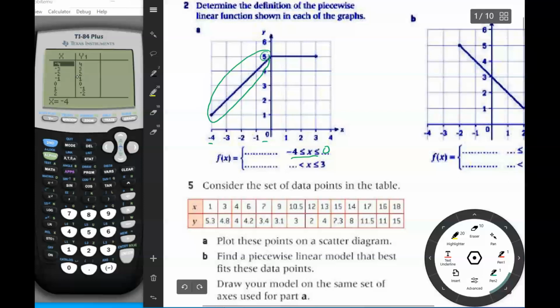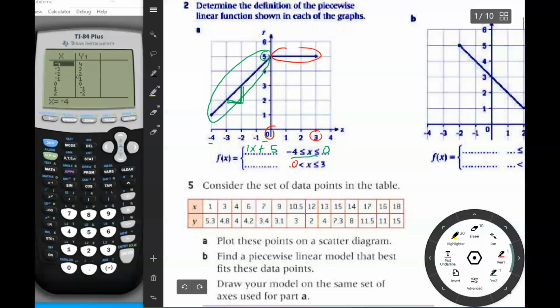Well, the y-intercept is 5, and the slope is plus 1 over plus 1. 1 divided by 1 is 1. So it would be 1x plus 5, right? The slope is 1, over to the right 1, up 1, and the y-intercept is 5. So it's 1x plus 5. And then this other part here, it goes between 0 and 3.